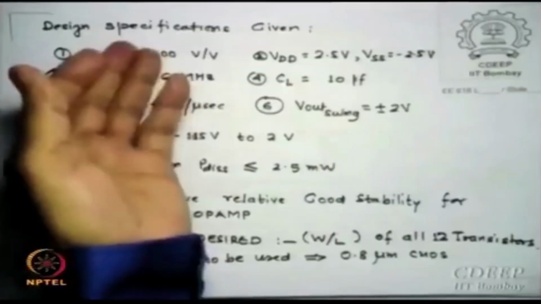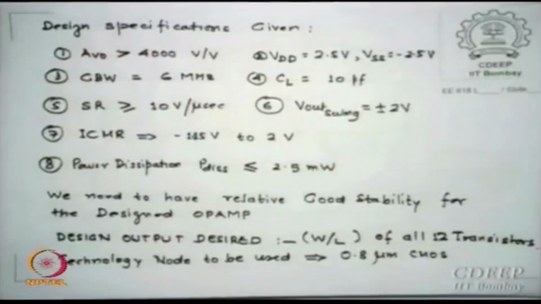I will evaluate what current goes through the other, and therefore I will be able to tell you the net power dissipation, which I believe should be less than 2.5. It can be 2 milliwatt, 1.5 milliwatt, or it can be 1 milliwatt. If you reach any of these, you verify. If that still satisfies, fantastic. The lower the power, the better the design.